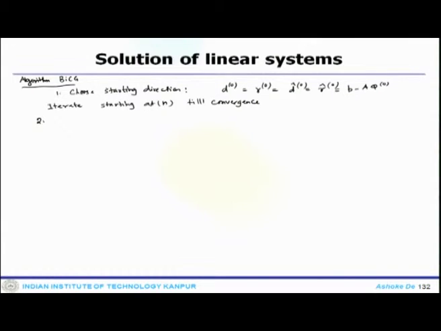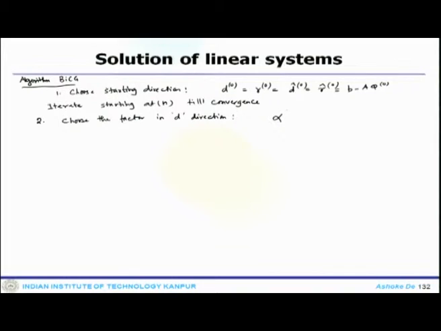Then next level you choose the factor in d direction, which will lead to calculation of the alpha.